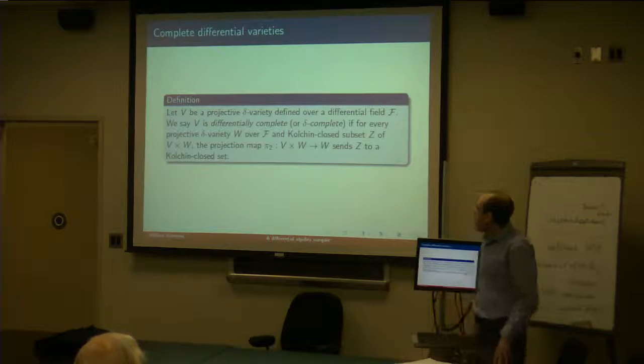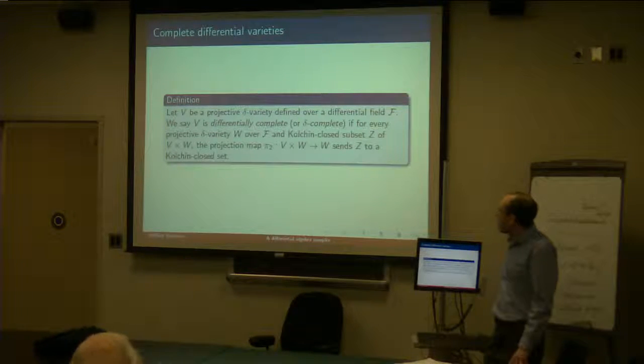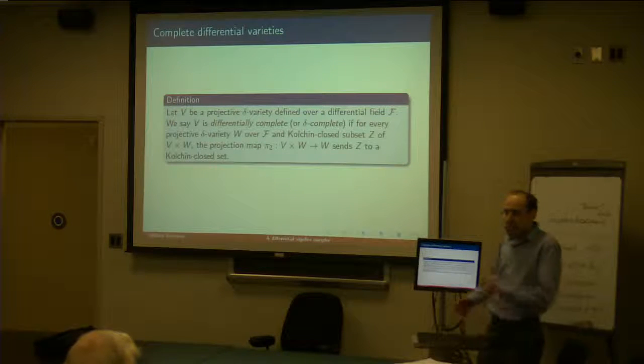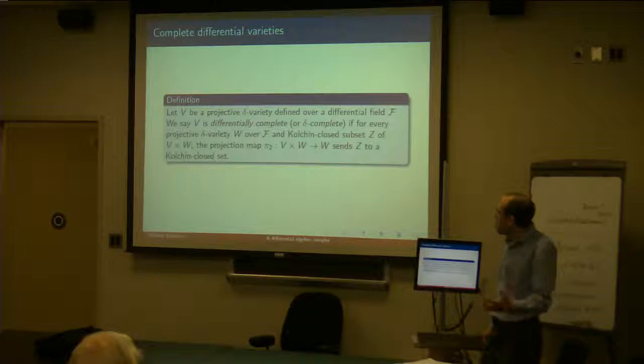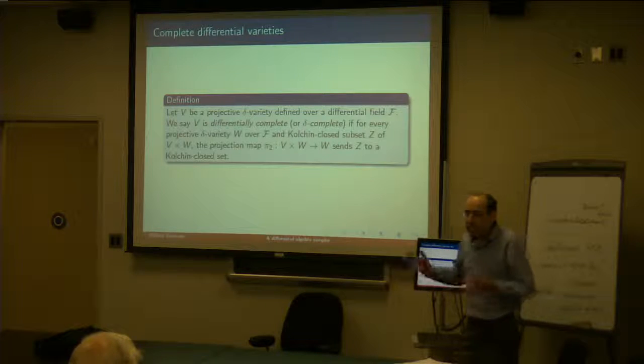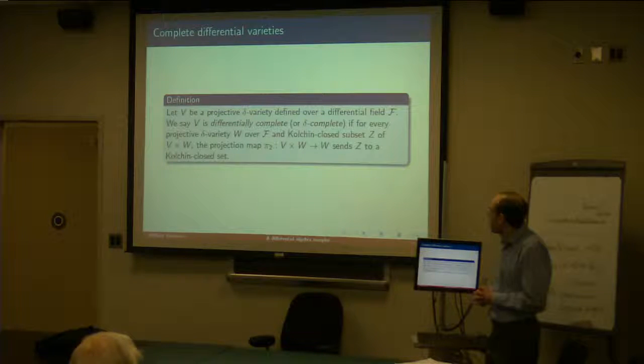So the main definition that we'll be discussing is that of completeness. It's an analog of compactness. It's used more if you had a Hausdorff space, but this is algebraically nicer. So dealing with a projective differential variety V, it's differentially complete, or I often just say complete, because that's the notion I'm interested in for our discussion.